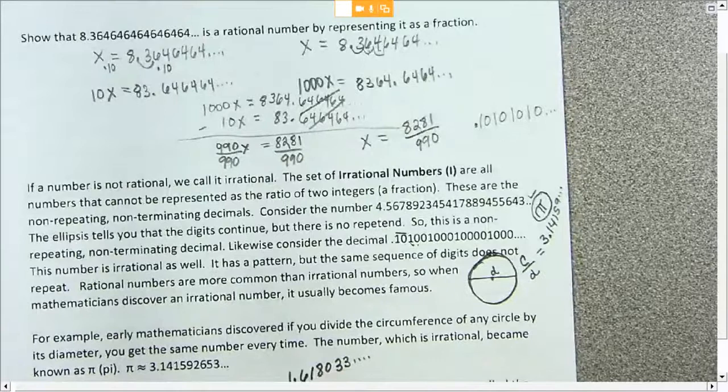Another one is E, and E is called Euler's number, and it's used to calculate compound interest that is compounded continuously. If you have a savings account, maybe they add interest at the end of every year, or at the end of every month, or at the end of every quarter.